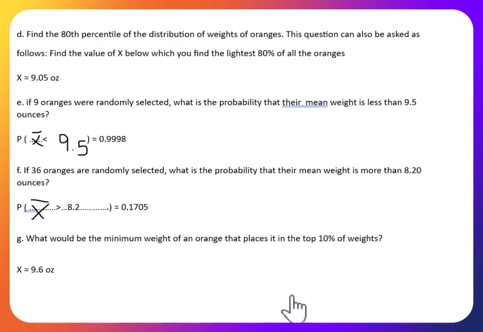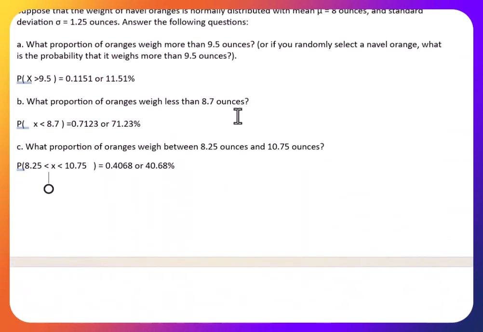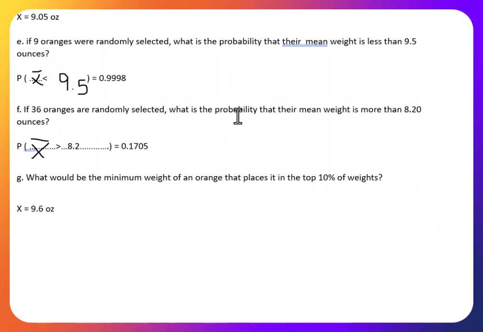So x is 9.05. Now the central limit theorem, because we have samples. If 9 oranges were randomly selected, what's the probability that their mean weight is less than 9.5? So we need the probability of x bar less than 9.5, and we have 9 oranges. Remember, we'll be using the same mean, which is 8.25, but the standard deviation has to be 1.25 divided by the square root of 9.